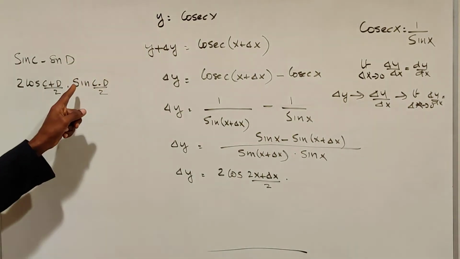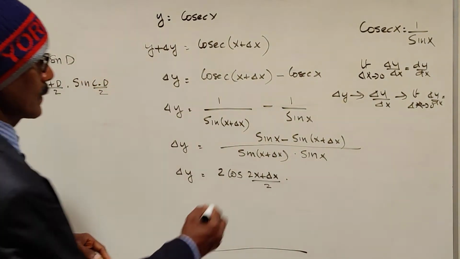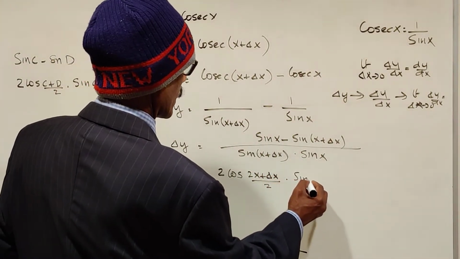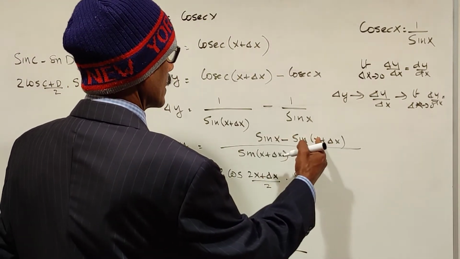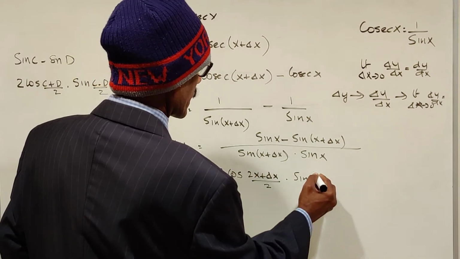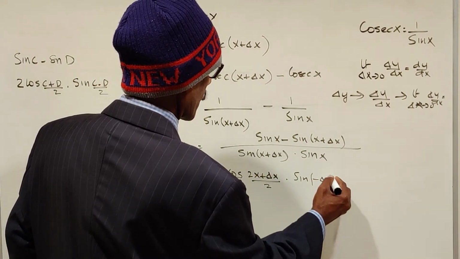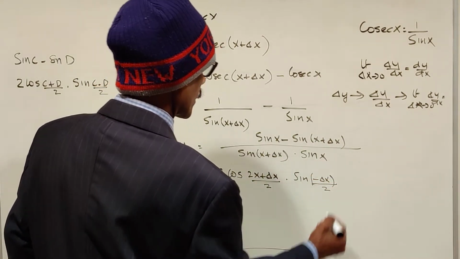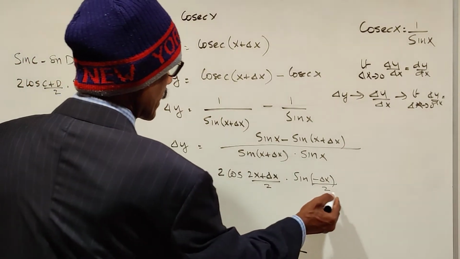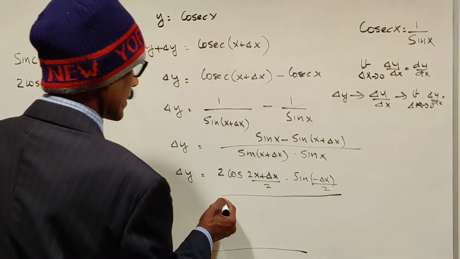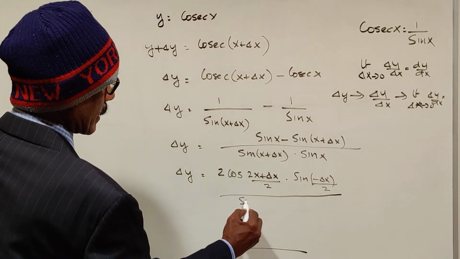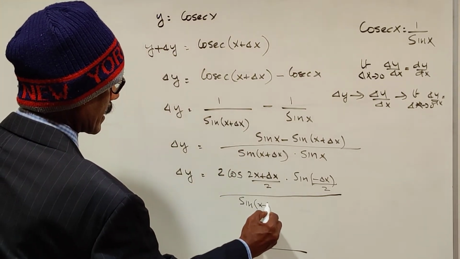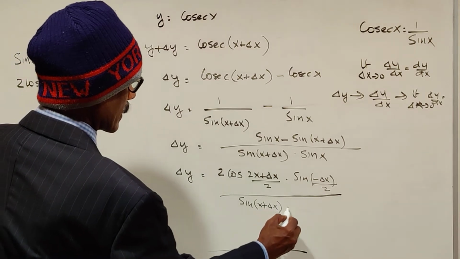Times sin of c minus d by 2, that is x minus delta x minus x, 0 minus delta x, by 2, divided by sin of x plus delta x times sin x.